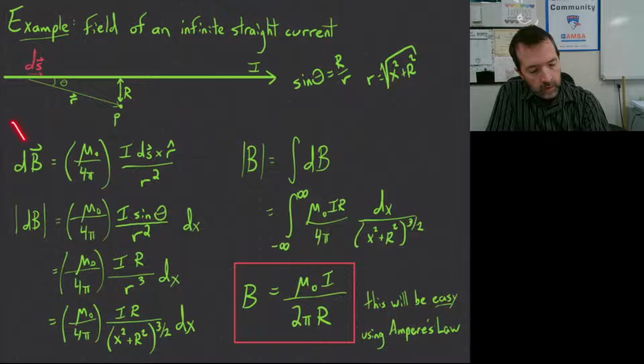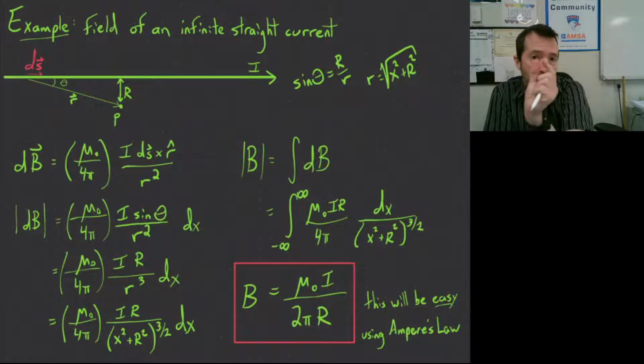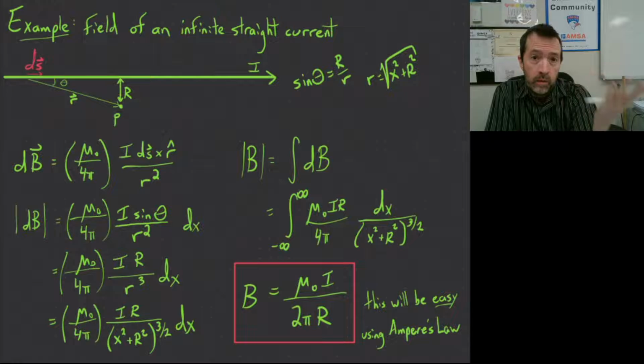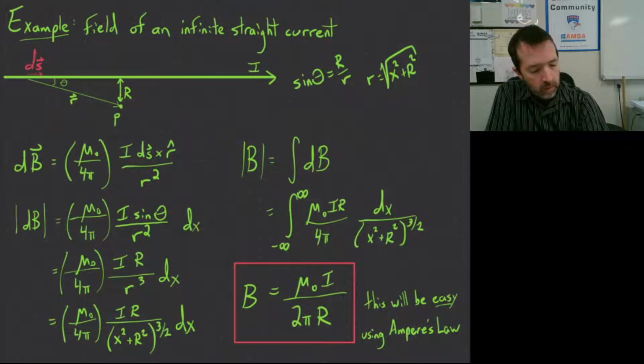So first I write the Biot-Savart law. This time the cross product is meaningful because depending on which piece of the wire I'm looking at, that angle theta, the angle between the ds and the r vectors, is going to be different. So you can see on the next line that I have a sine theta to take care of that part of the cross product.